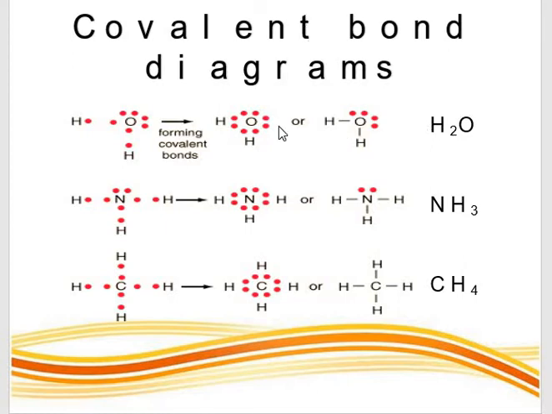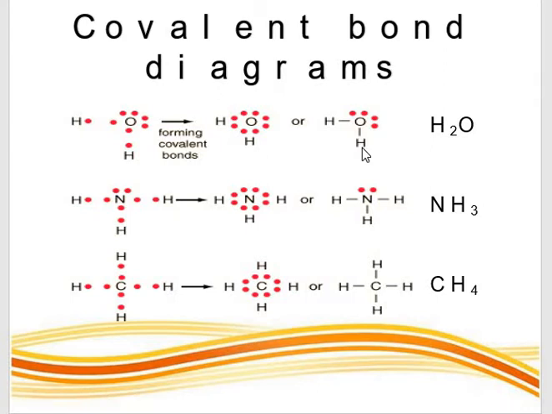In H2O, oxygen has 6 valence electrons. In order to complete its octet, it requires 2 more, and each hydrogen requires 1 electron to complete its duplet. Simply, the oxygen atom shares 1 electron with one hydrogen atom and 1 electron with another hydrogen atom.